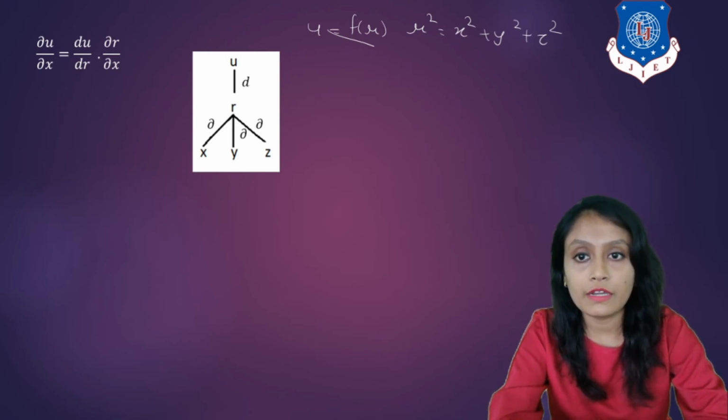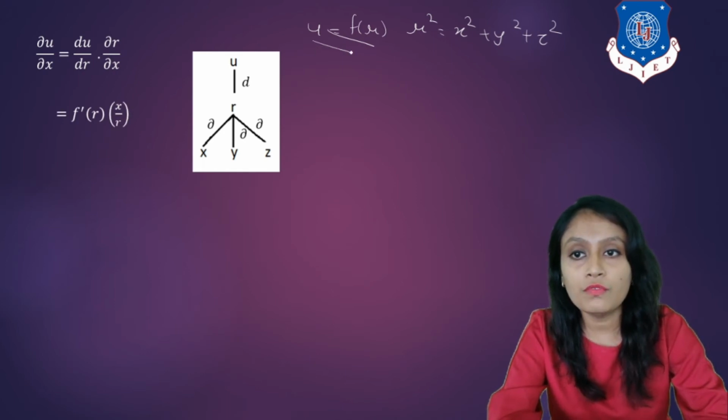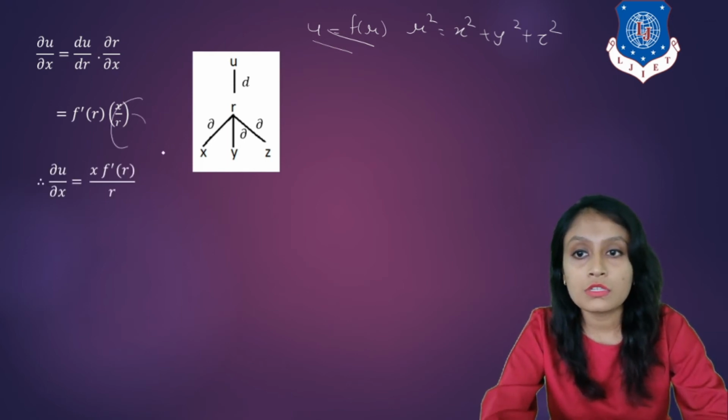Now here we have only one variable, so we will write d, and here we have three variables, so we will write del. So the formula for del u by del x will be du by dr into del r by del x. Okay, so derivative of u with respect to r, so it will be f dash r, and derivative of r with respect to x, so it will come x upon r. This we have solved previously, right? Okay, next so just simplify this.